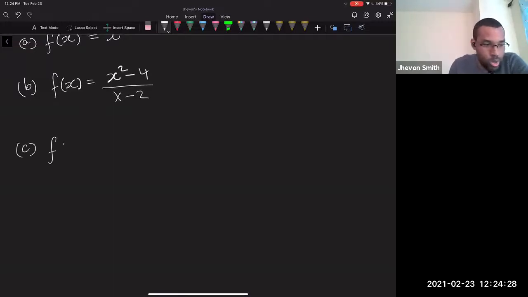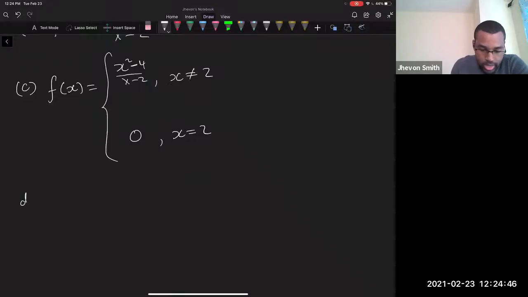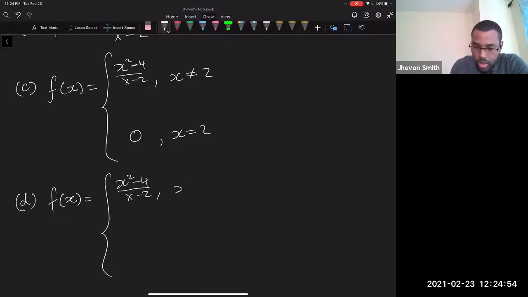Here's one that you'd have to be a little bit careful about because now it's a piecewise function. I take that same function that we had last time, but I don't allow you to plug in 2 at that point. And when x is 2, I redefine the function to be 0. Where is that continuous? What if, again, I start out with the same function, I'm not allowing you to plug in 2 here, but then I redefine it to be 4 when x is 2?